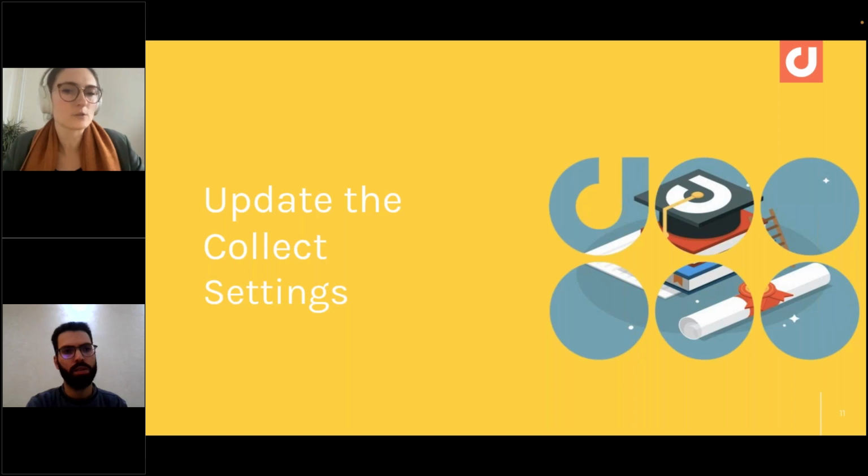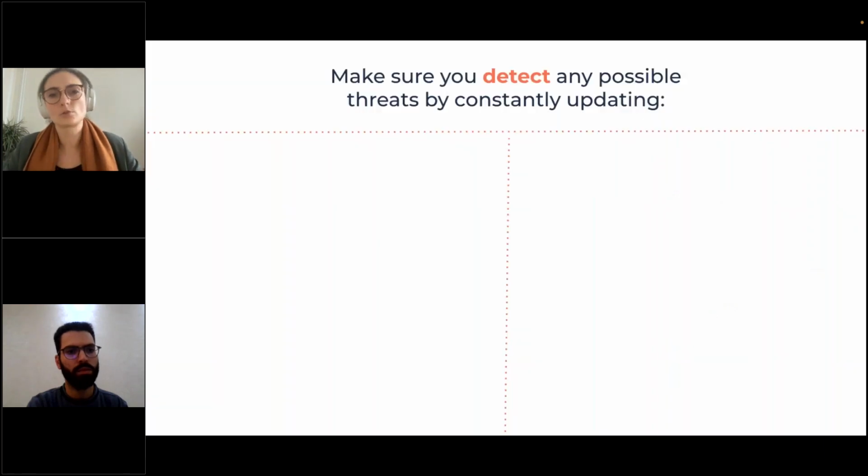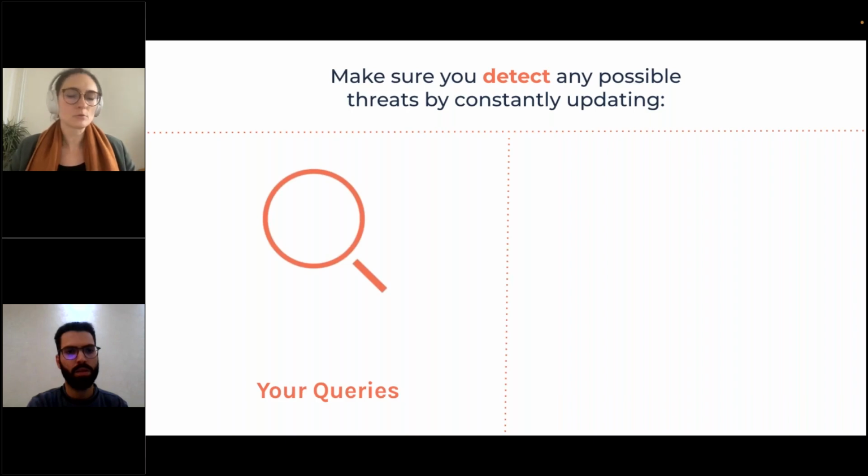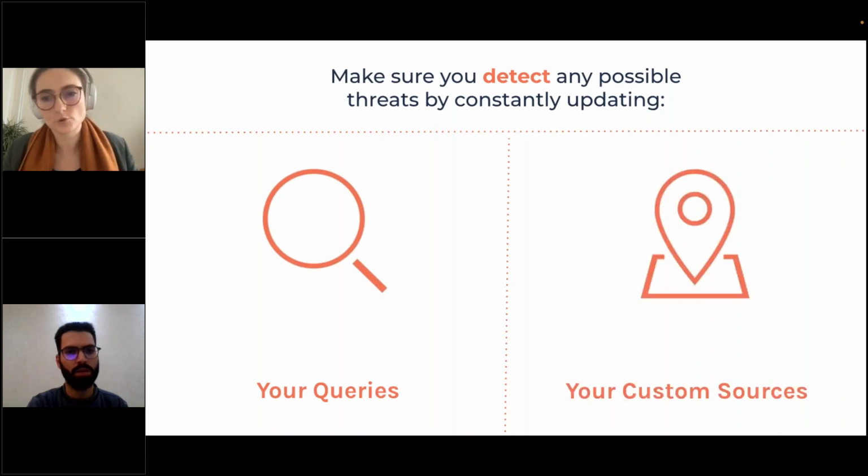Now let's turn our attention to the platform, and this will be our best practices for making sure that your topic is set up and ready to detect any possible threat. When we're talking about collection, we have to think of two features, the queries and the custom sources.